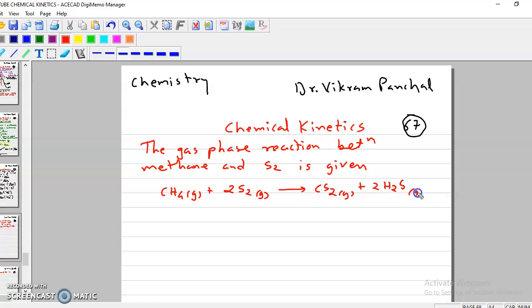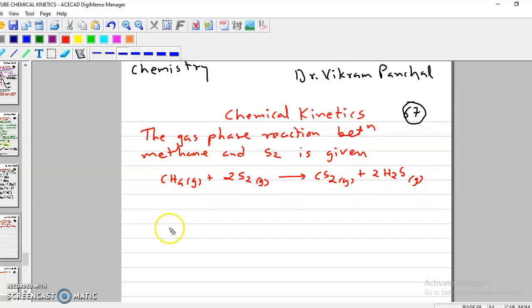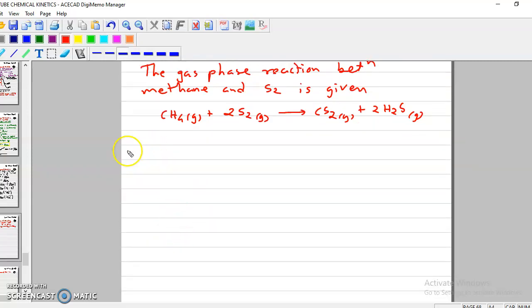This reaction is used to prepare CS2, carbon disulfide. This is given at 550 degrees Celsius.